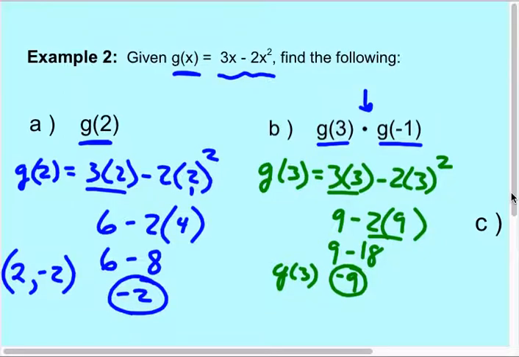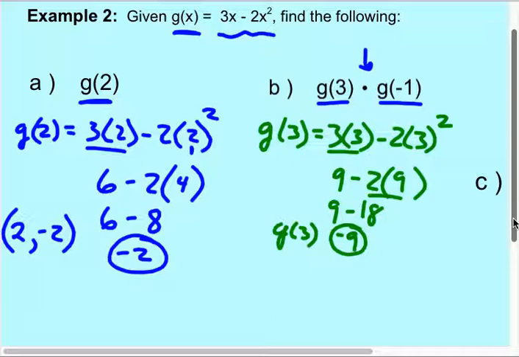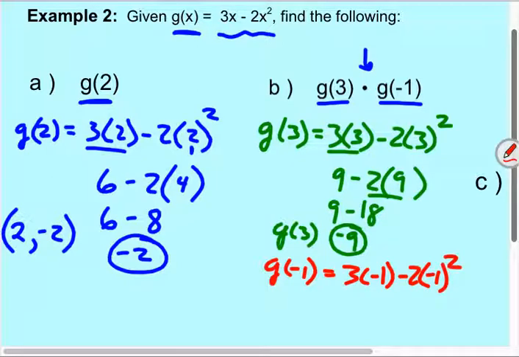Then, let's move this down a little bit. Let's find g of negative 1. Okay, so 3 times negative 1 minus 2 times negative 1 squared. Got to be careful with these negatives a little bit. 3 times negative 1 is negative 3. Usually do exponents first, but there's subtraction in the middle there, so that's kind of my buffer zone.